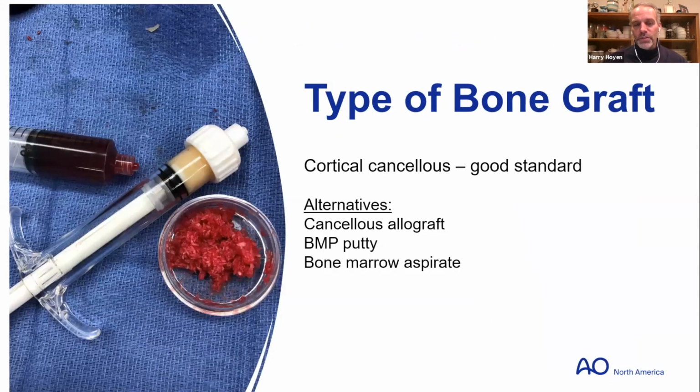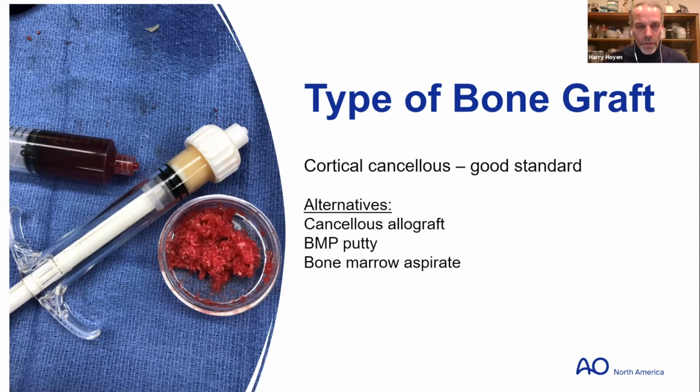This brings us to this topic, and I leave this as a teaser slide. This is one of my cases here, and the cancellous or cortical cancellous graft from the iliac crest had been the gold standard, but as you could see in all the other case examples, there are certainly many other choices: cancellous allograft, purely cancellous autograft, BMP putty in the middle.